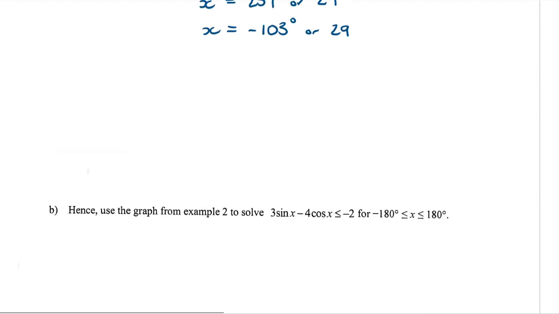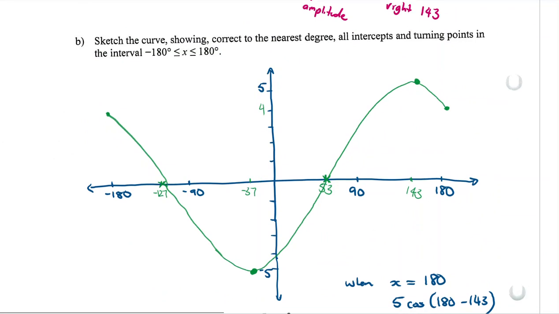So if we look back at this diagram and very carefully draw a line at -2, these solutions, which mine doesn't look overly accurate, I have to be honest, should be the two that we've just found. The one just past the -90 needs to be -103, and the other one needs to be 29.